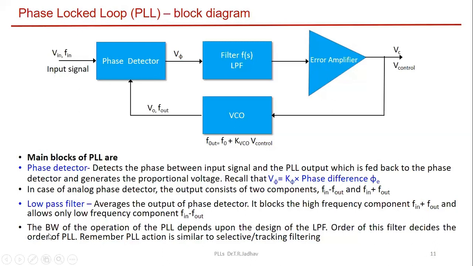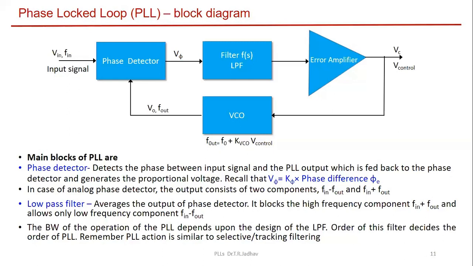Now you should remember here that the bandwidth of operation of the PLL obviously depends upon the low pass filter. Not only that, the order of this filter decides the order of the PLL. So if we use a second order low pass filter here, we call the PLL a second order PLL. Also remember that PLL action is similar to selective or tracking filtering.